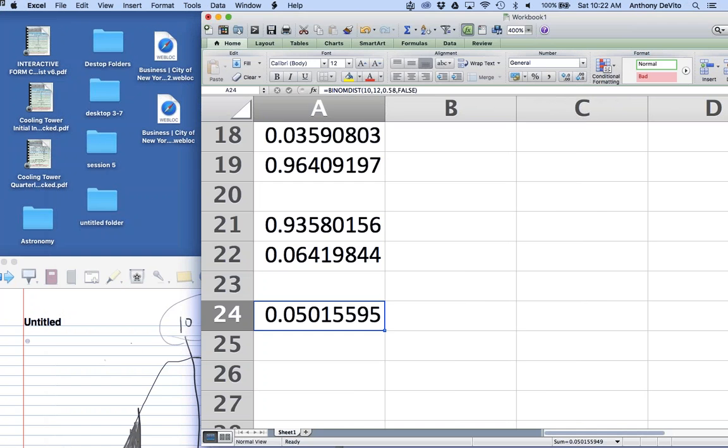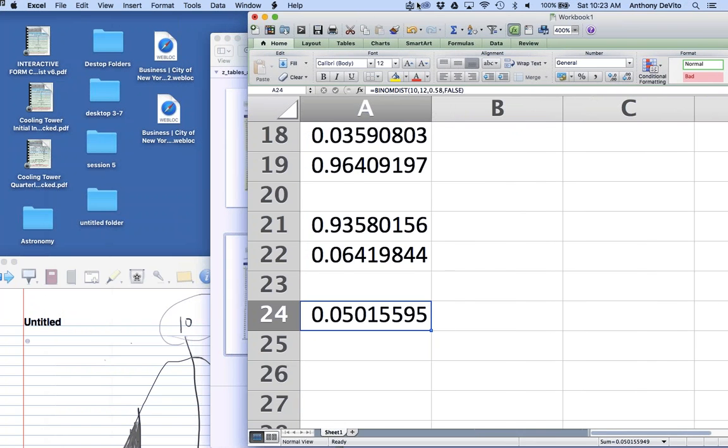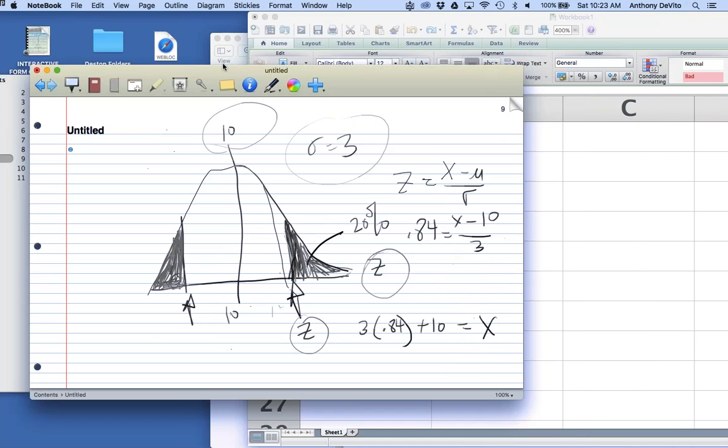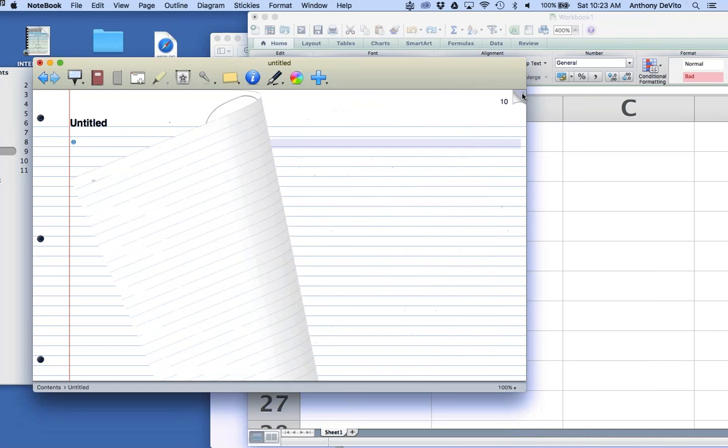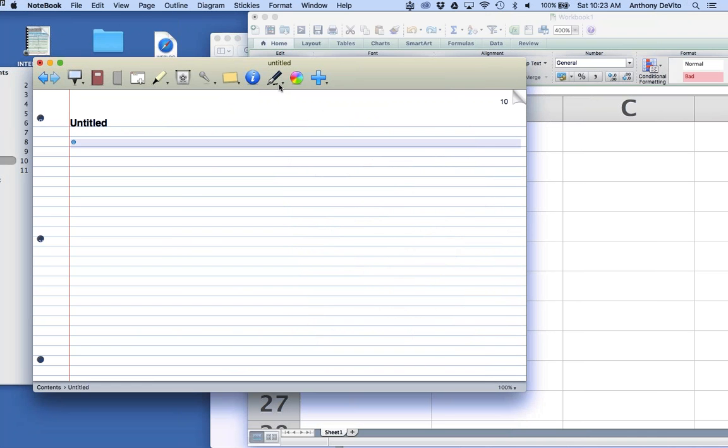I'm going to leave the page here. Sometimes you can have a situation where you're working with a binomial distribution, but it may be described in a way that you can look at it as a form of normal distribution.